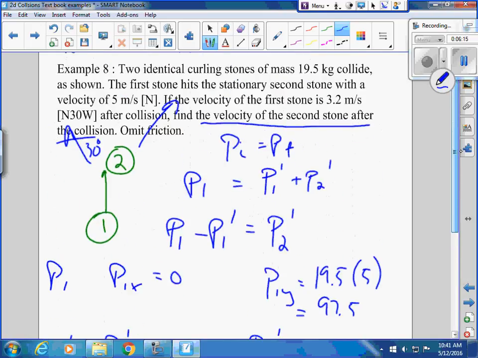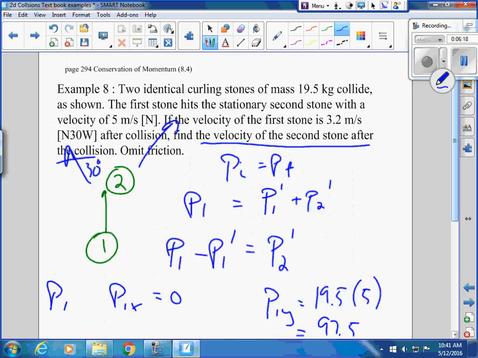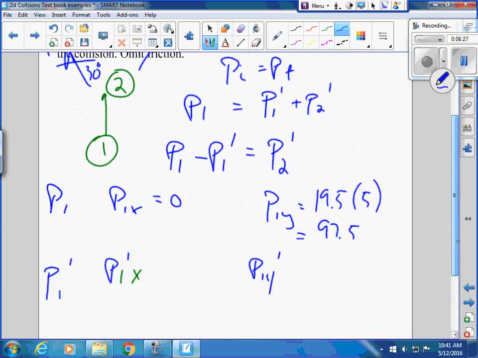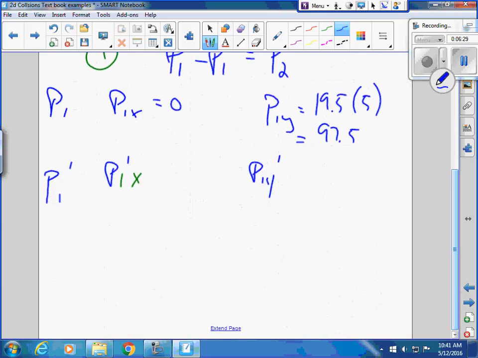Okay, back to our initial statement. The velocity of the first stone is 3.2 north 30 west after collision. So those are the numbers we're concerned about, but it's also times 19.5, right? North 30 west. Maybe I should actually draw a picture. It's 19.5, and the velocity was 3.2. We got that from the initial statement. So P1 prime x is going to be this top one here, which is opposite.